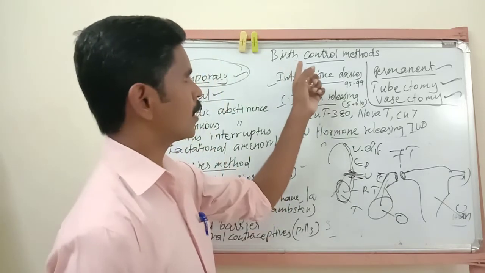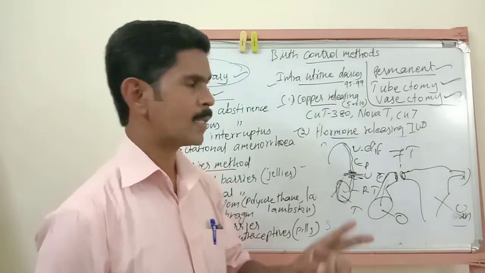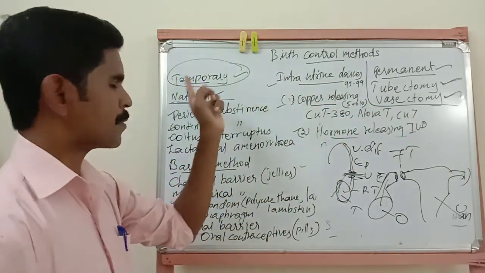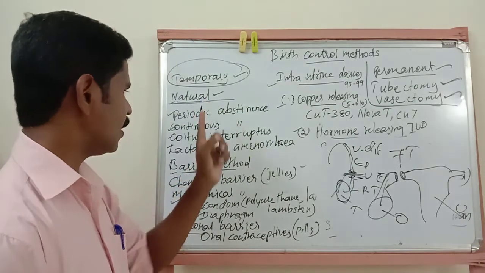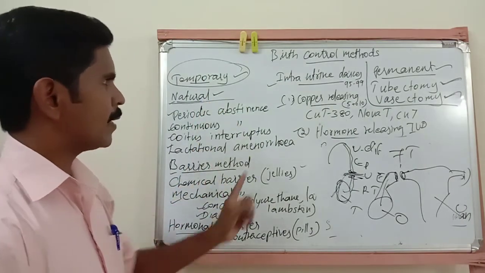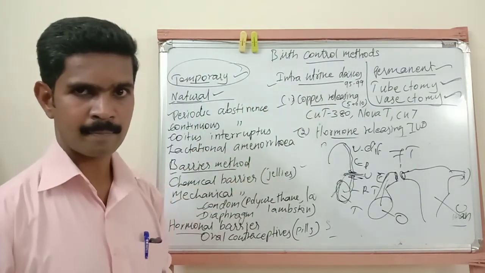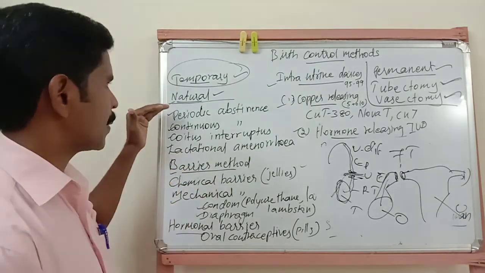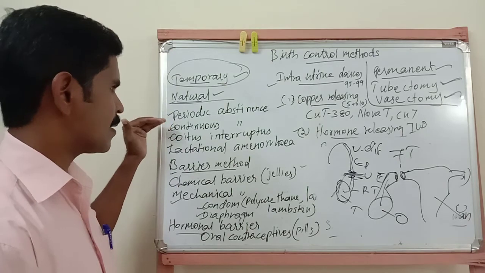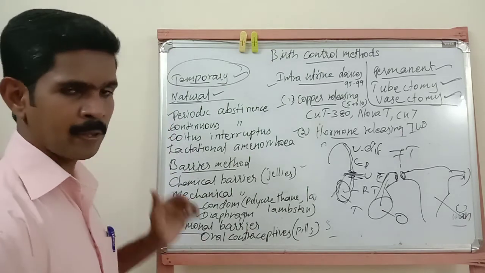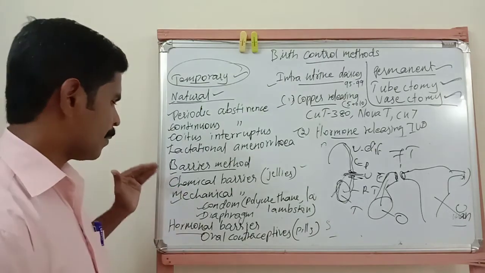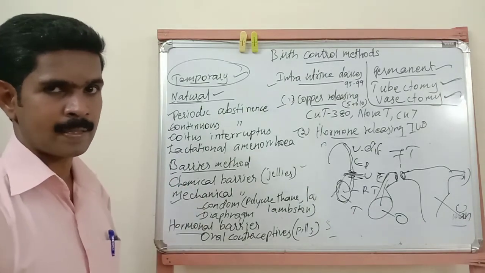The birth control method is divided into 2 major categories: temporary and permanent methods. There are different types of temporary methods: natural, barrier, hormonal, and intrauterine devices. The natural methods are periodic abstinence, continuous abstinence, coitus interruptus, lactation and amenorrhea. Then barrier methods: chemical barriers, mechanical barriers, hormonal barriers.